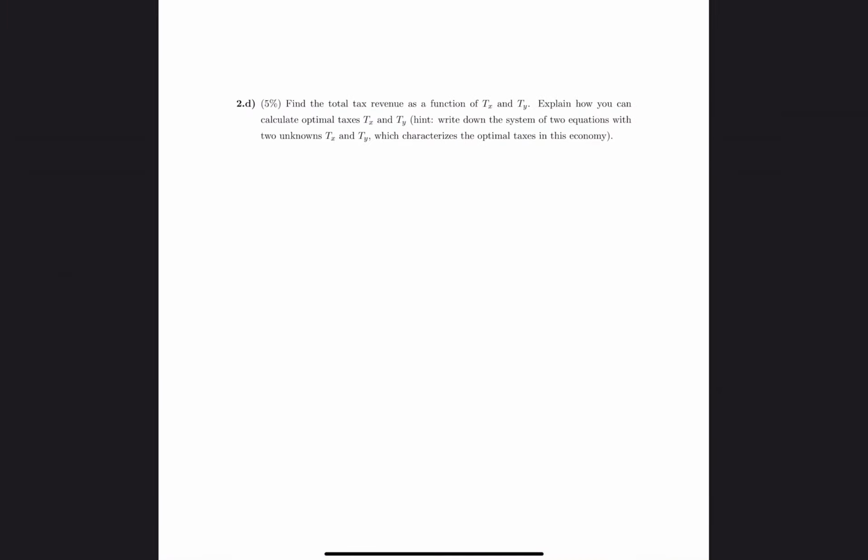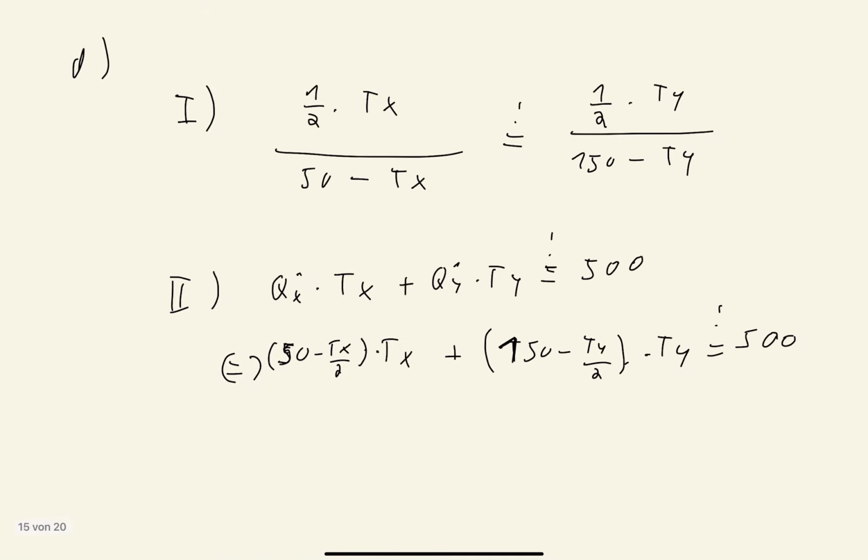Then sub-exercise D: find the total tax revenue as a function of Tx and Ty. Explain how you can calculate optimal taxes, Tx and Ty. Hint: write down the system of two equations with two unknowns, Tx and Ty, which characterize the optimal taxes in this economy. So here are the two equations that we need to consider.